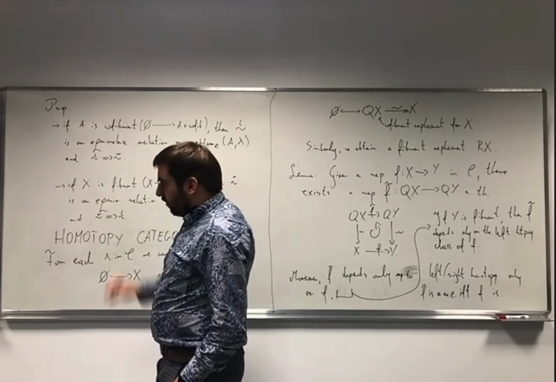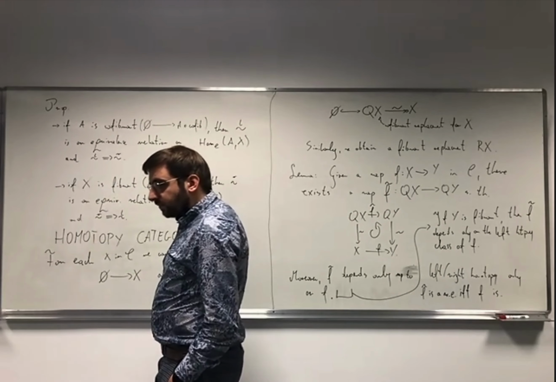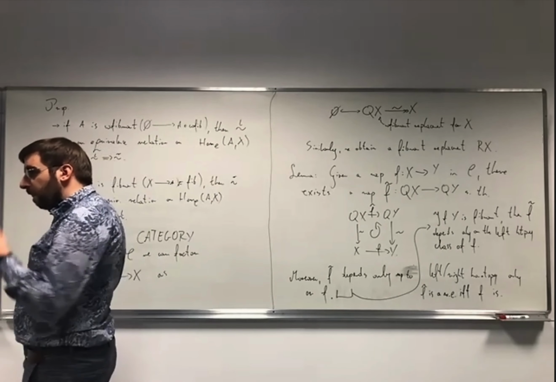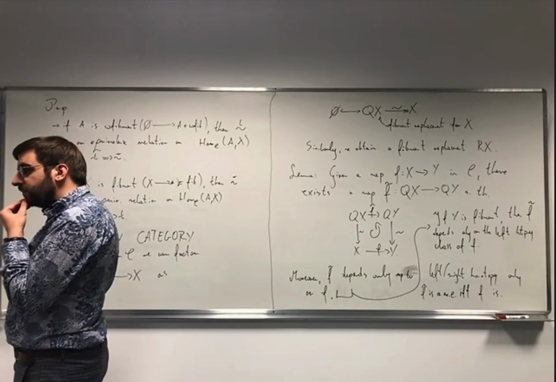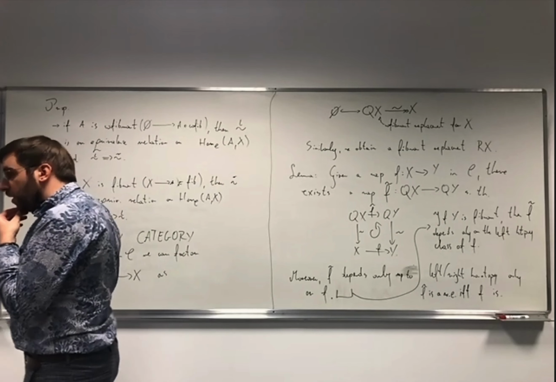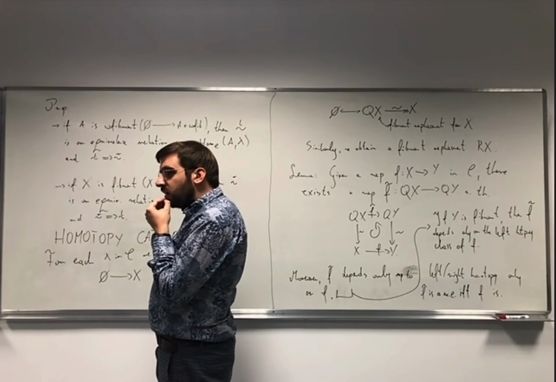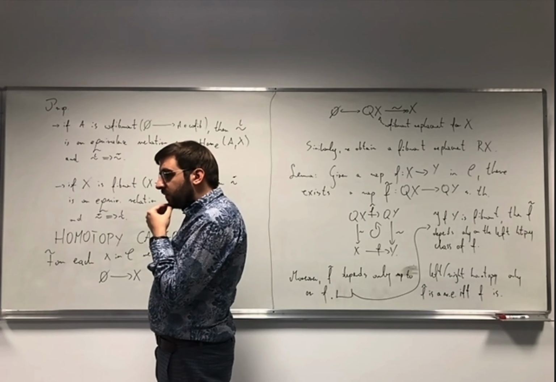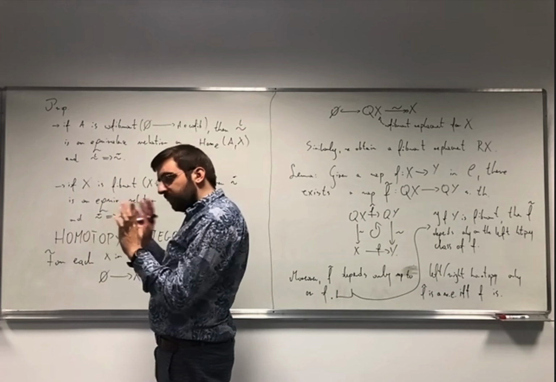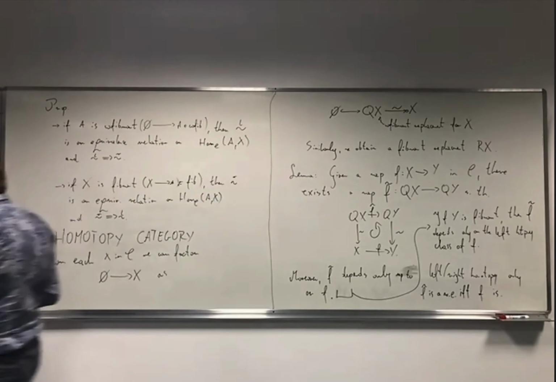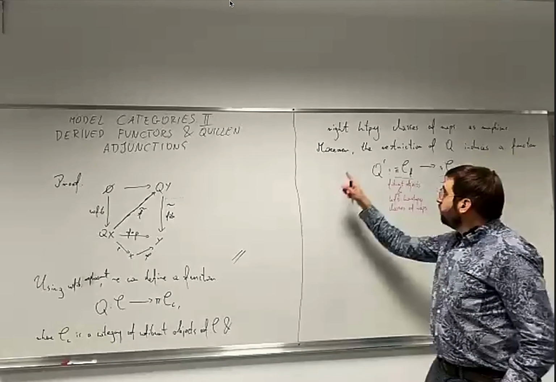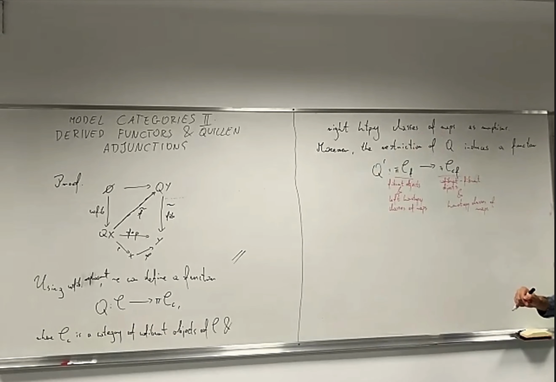And ditto for pi CF. You're right, I should have said this: by homotopy classes of right homotopy classes of maps, I mean the equivalence relation generated by the right homotopy.